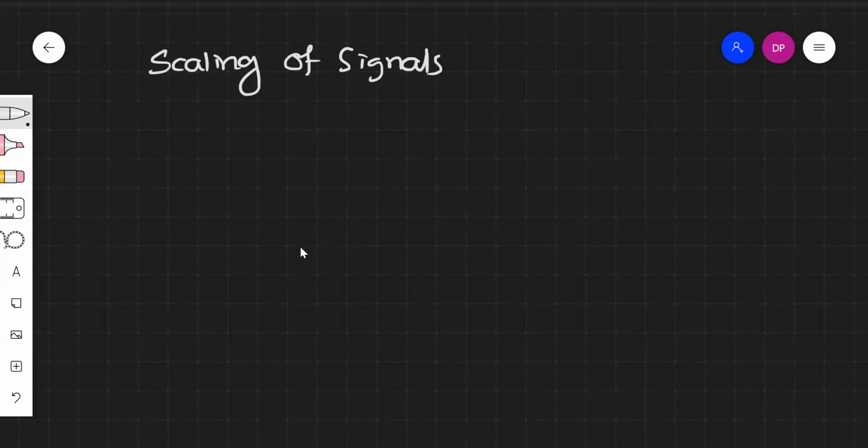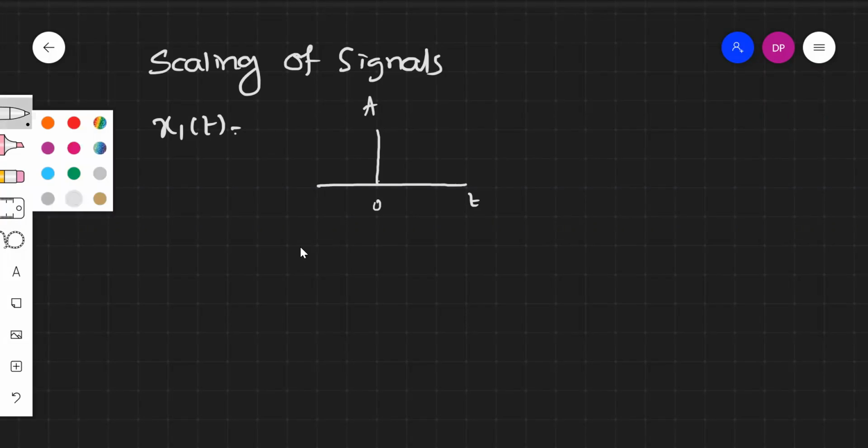Let me take one small example. I am taking one signal x1 of t, and I will represent it diagrammatically. This is the time axis, and this is the y-axis, or amplitude A, and this is the zeroth index.